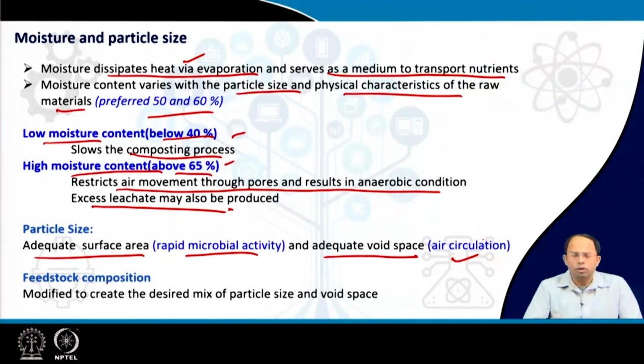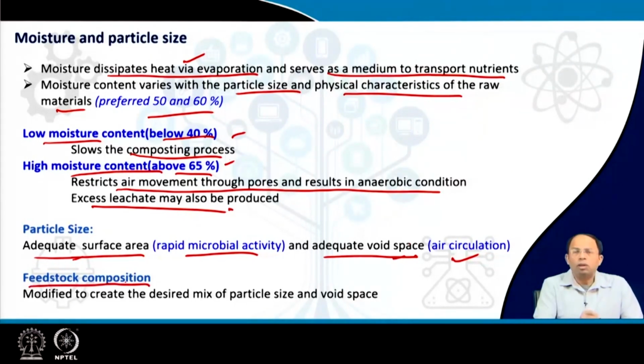That would also be a problem. So we would always increase the gaps, the pores between the particles, and also the particles should be adequate in size so that more surface area is generated. So if I keep the particles very large in size, it's low surface area. If the particles are very, very small, then also it's a problem because of inadequate void space. So the particle size has to be somewhere in the middle.